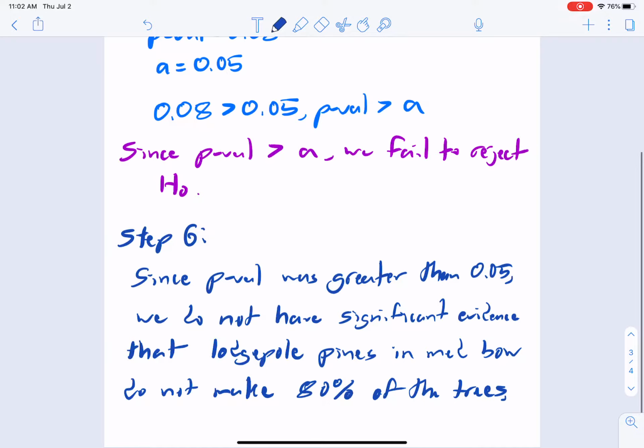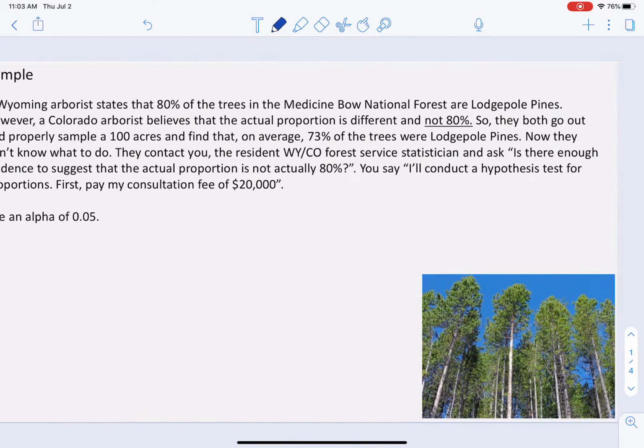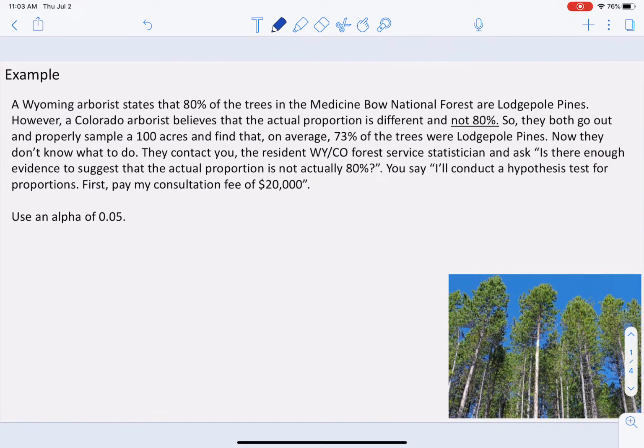Now, this is a convoluted way of saying that most likely, based on the test that we did, lodgepole pines in Medbo are 80%, right? This is unchanged.